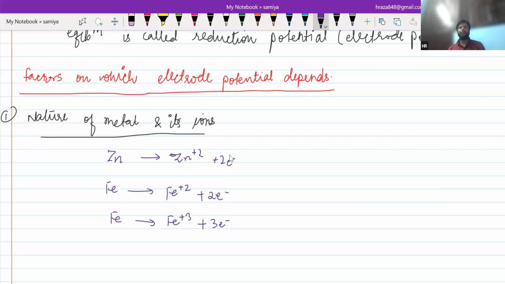So depending on the metal and the state in which it is oxidizing, like +2, it is losing 2 electrons, 3 electrons, 5 electrons, that affects the electrode potential, according to how many electrons it gains or loses.